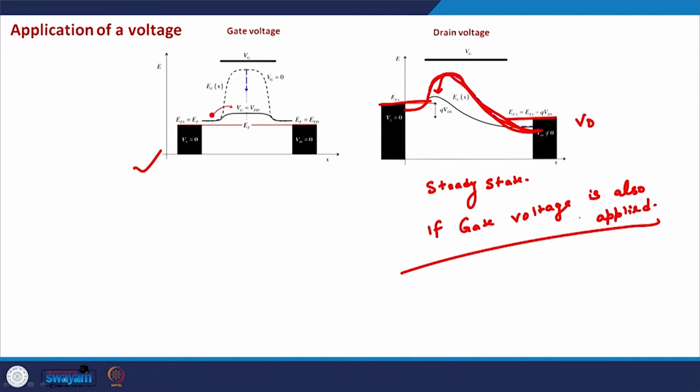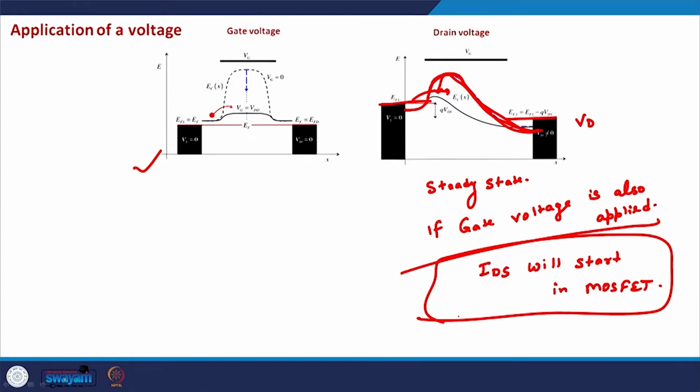So now more electrons from the source side can cross the barrier, and there will be a current from the drain terminal to the source terminal. That's how this IDS will start in the MOSFET, and that is essentially the mechanism of current conduction in MOSFETs.